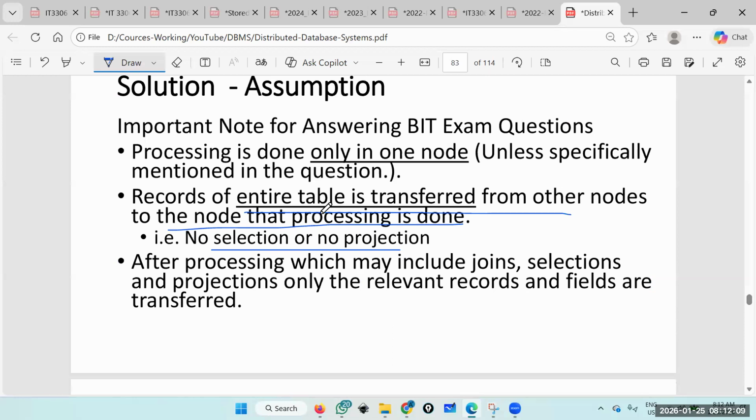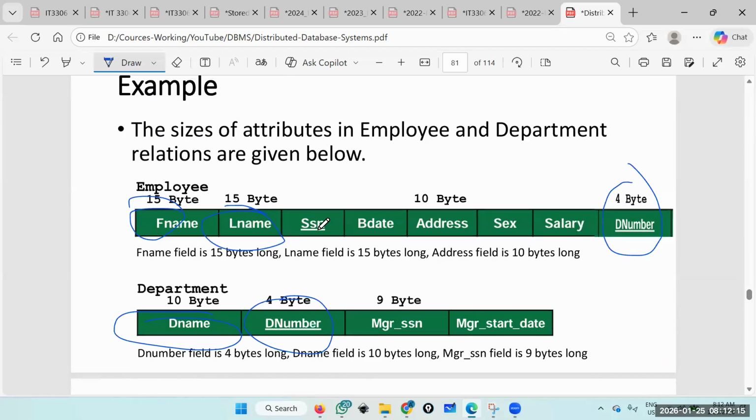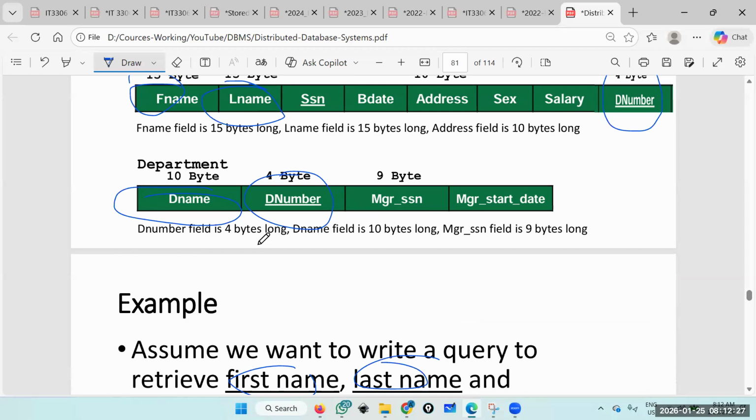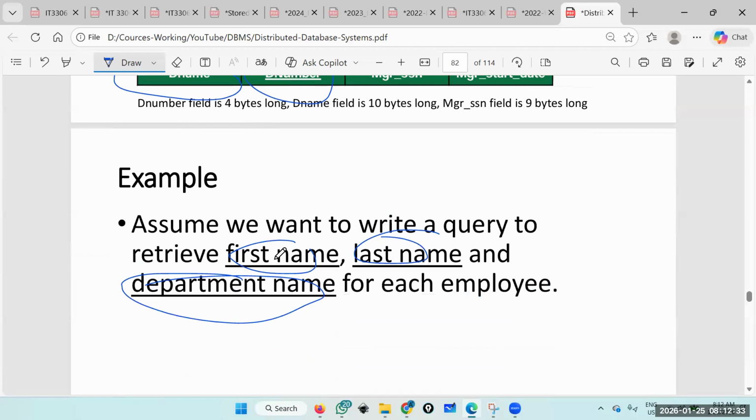Most of the time, the examiner assumes that we are doing the processing at one site. So you don't just extract and take data. You take all the data and do the processing in one place. I think that is to make the solutions easier. So just note it down.